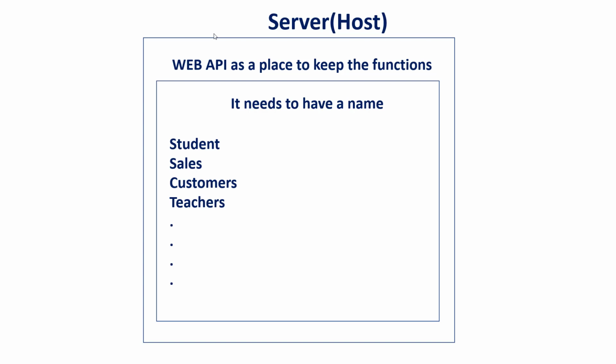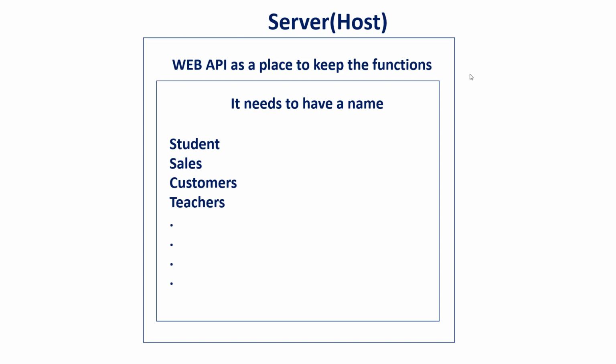Slowly, we should talk about API, web API. Imagine you have a server, host, something like that. The API would be hosted inside your server. So, the web API is a place to keep some functions.